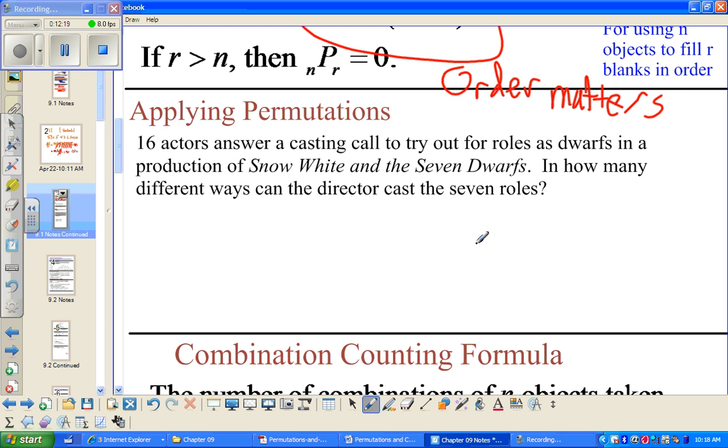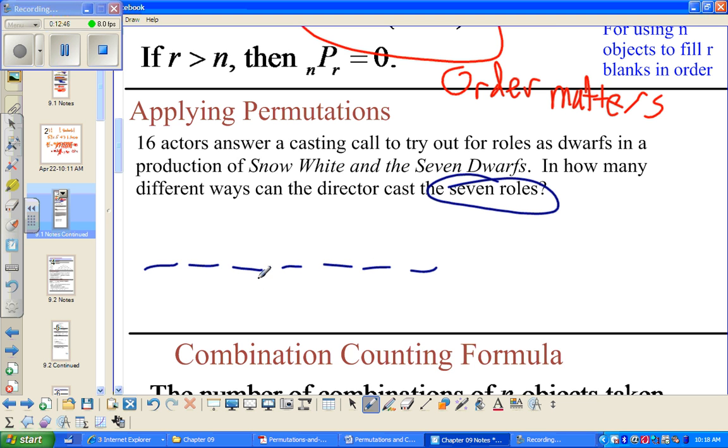In this case, the order would matter. The director would need 7 actors, and he would need to assign each of them a specific role. So, Sleepy, Dopey, Doc, and so on. 1, 2, 3, 4, 5, 6, 7.